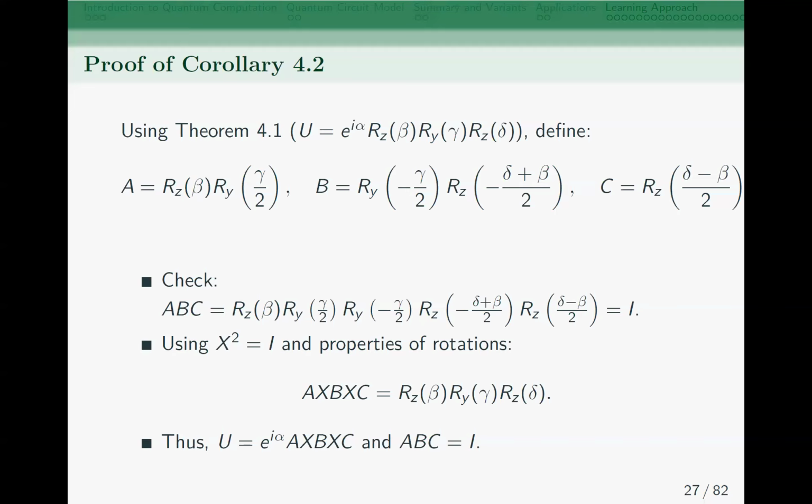It looks a little bit difficult, but let's first check that if you take ABC, then you get Rz(beta) here, you get Ry(gamma divided by 2) here, and there's Ry(minus gamma divided by 2). And then there are Rz terms here and Rz terms here.